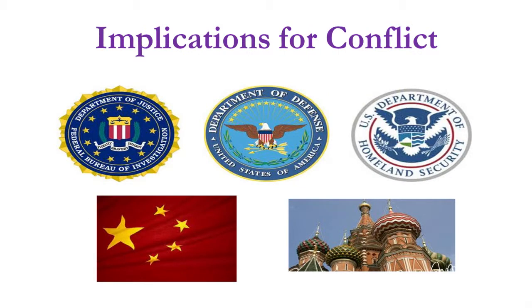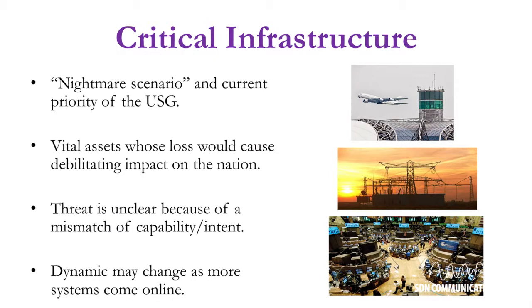Okay, so what does all this mean for conflict? Number one, as I said, the primary concern of the United States government, critical infrastructure. This is the nightmare scenario. When people talk about cyber Pearl Harbors and cyber apocalypse, this is what they mean, right? They're worried about someone hacking into our air traffic control system and crashing planes, or shutting down our electricity grid, or doing something in the stock market.